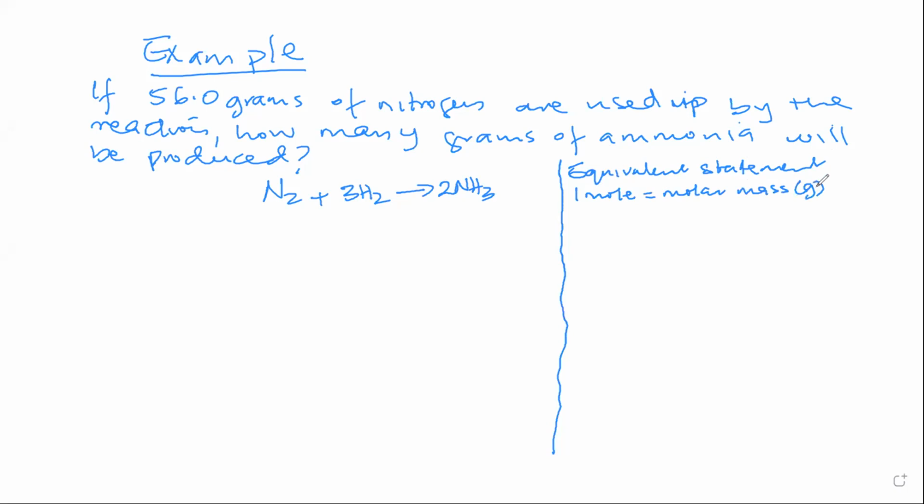The molar mass of nitrogen, 1 mole of nitrogen, is 28.02 grams of nitrogen. So we put it in fraction form, which is a conversion factor.